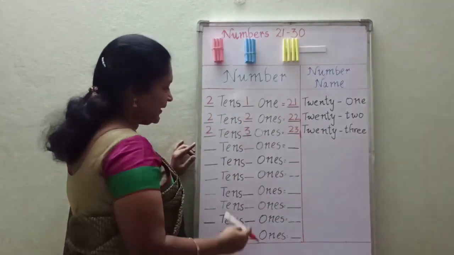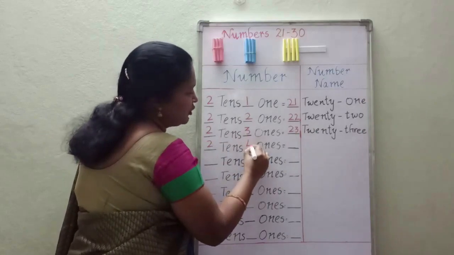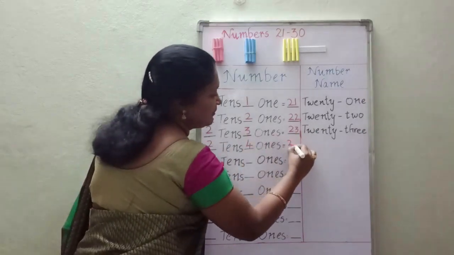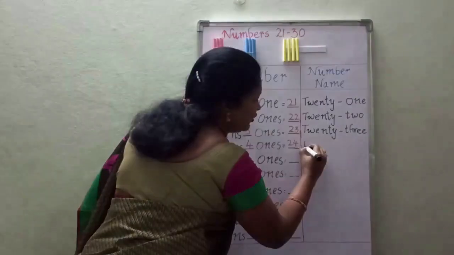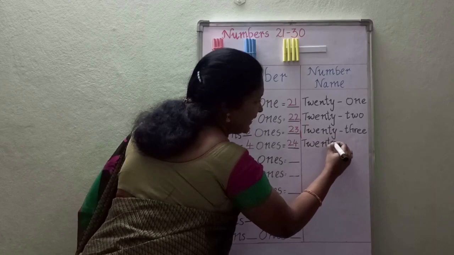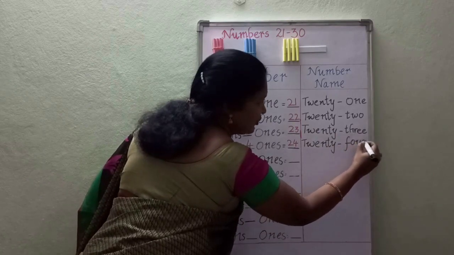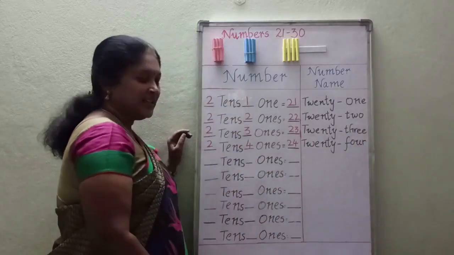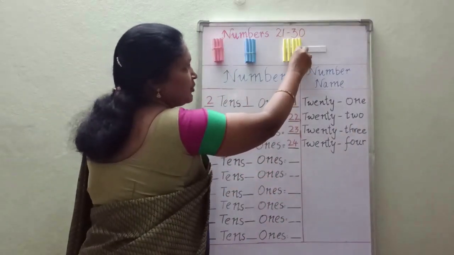And how many tens? 2 tens, 4 ones. So what is the number you got? 24. So what is the spelling of 24? TWENTY 20. FOUR 24.